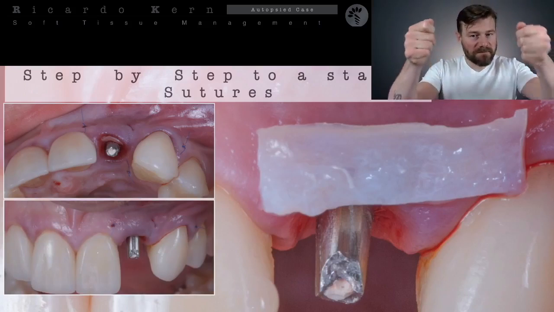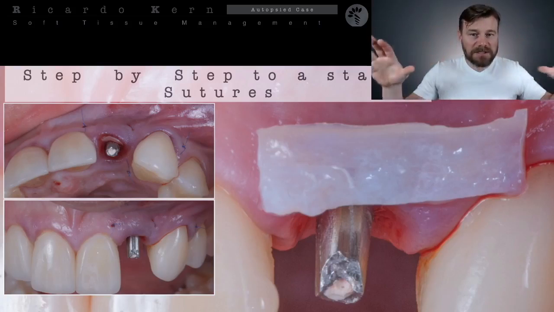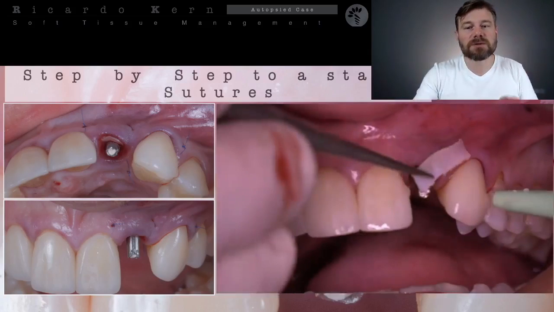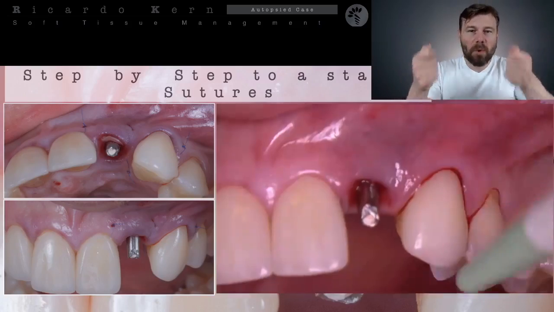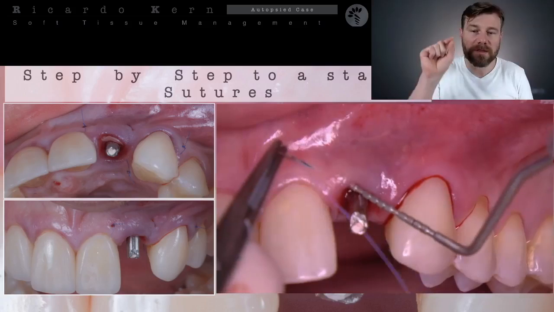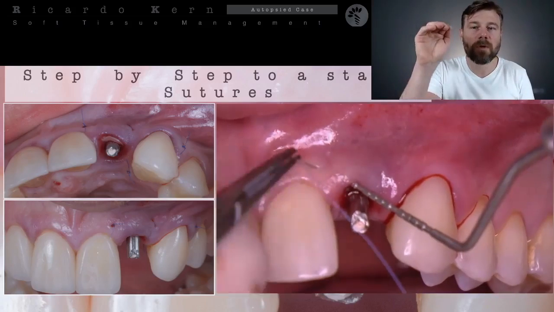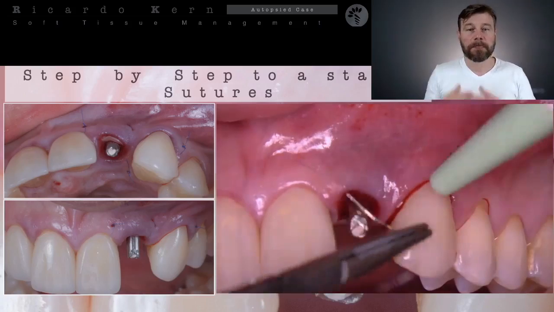If I need to advance the tissue, I need to enlarge the area that I need to tunnel and treat to allow this movement of the tissue. So here is not a big deal. The only area I need to move a little more coronally is exactly the distal papilla.